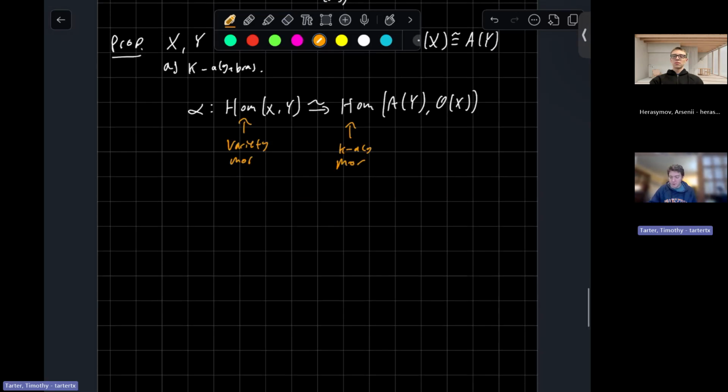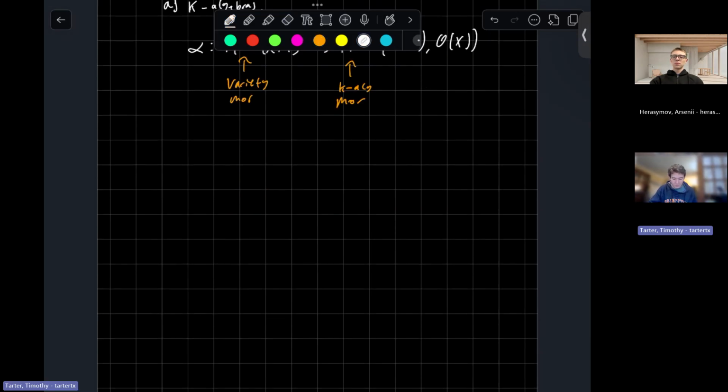But really, the thing that this builds up to, the big theorem here, is actually a corollary.